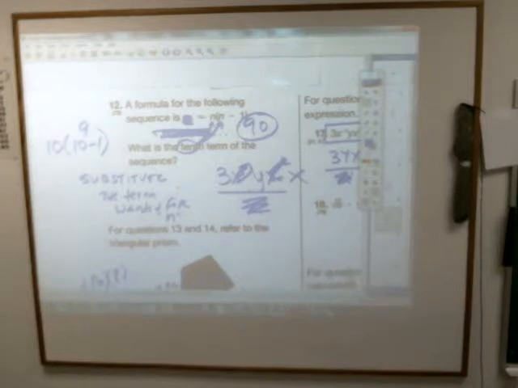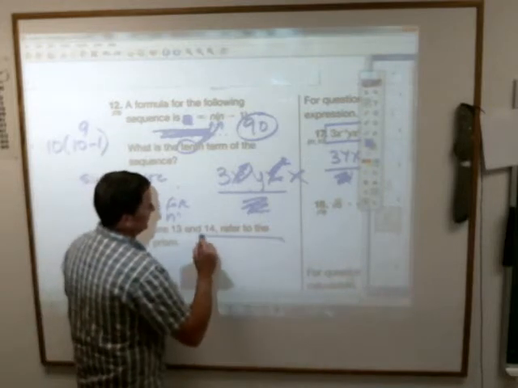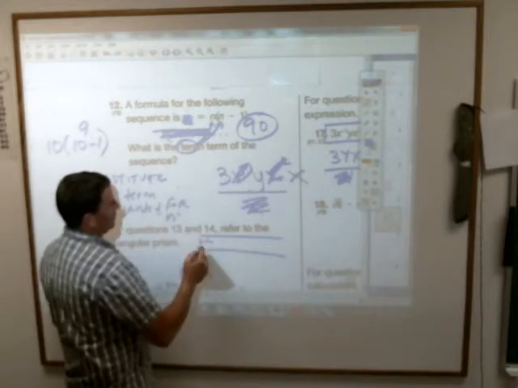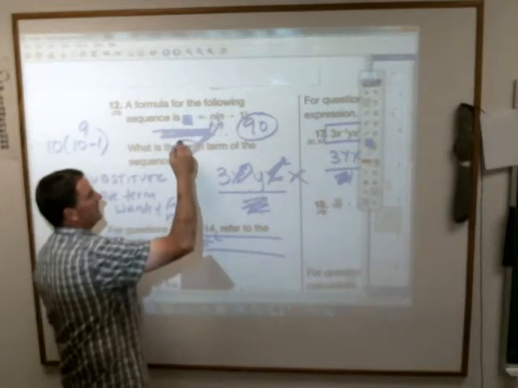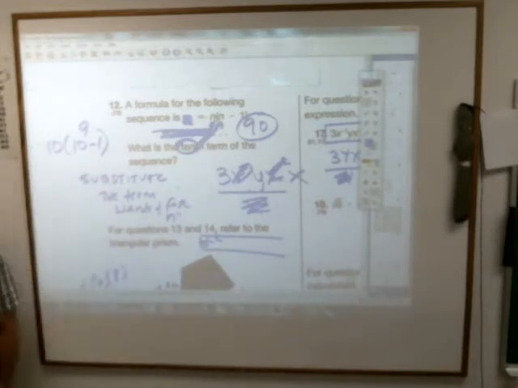First term, second term, third term? I wouldn't worry about that. That would take a really long time. That's why they gave you the formula, so you don't have to do the rectangle square thing.